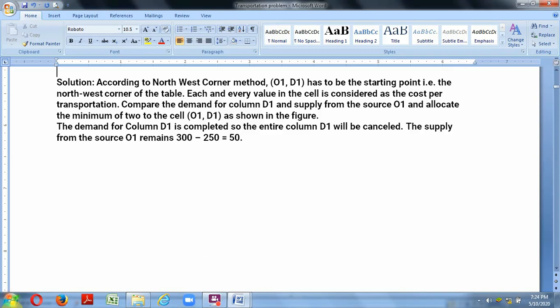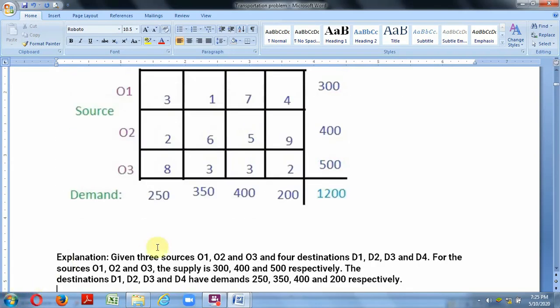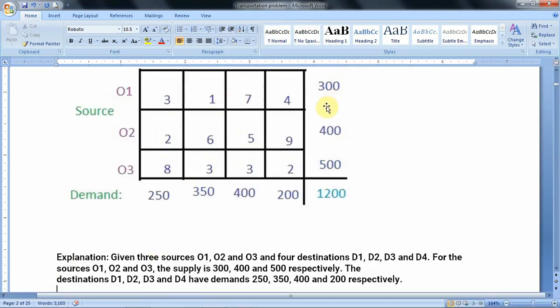The supply from the source O1 is 300, and the minimum of 250 and 300 is 250. Okay, 250 units can be allotted to O1D1. So the remaining 50 units are there in that row, 300. Okay, that one.